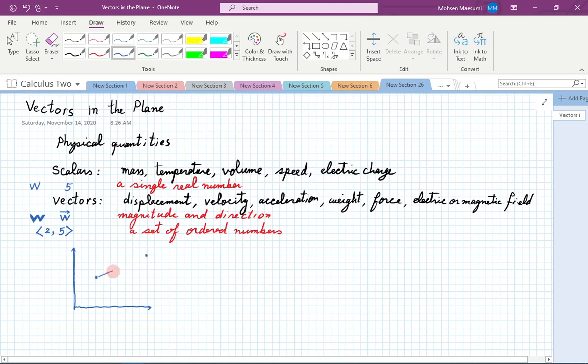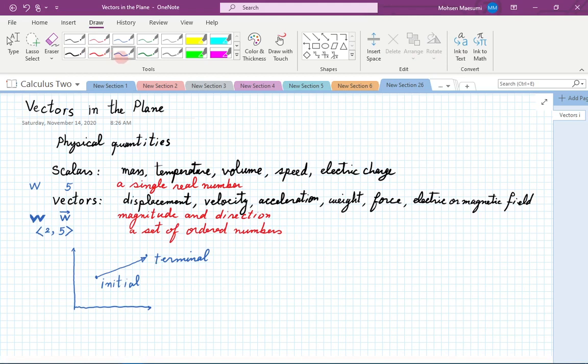And if we go from the initial point to the terminal point, we have a displacement. So this is going to be the initial point and this is the terminal point. Sometimes you might refer to it as a start and end, or some other similar terminology. So when I go through this displacement, I create a displacement vector.